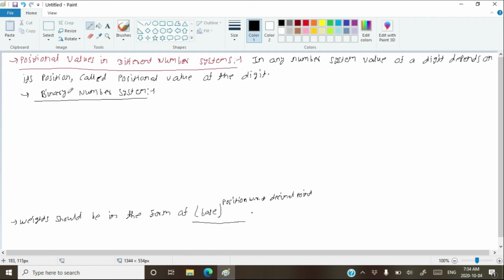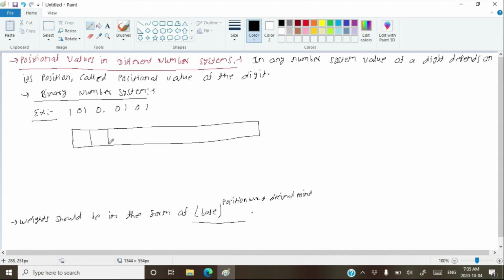Binary number system. Let's take an example, as we always talk in terms of examples. So it will be 1 0 1 0 dot 0 1 0 1. So again, there are total 9 symbols we have, 8 digits and 1 is the decimal point. 1, 2, 3, 4, 5, 6, 7, 8 and 9.